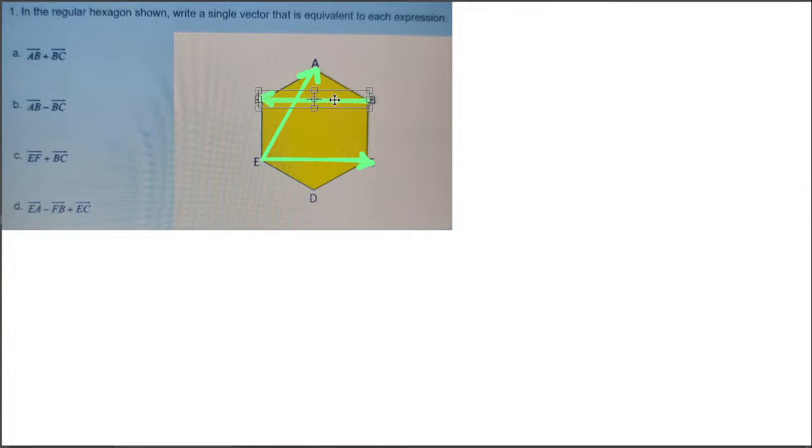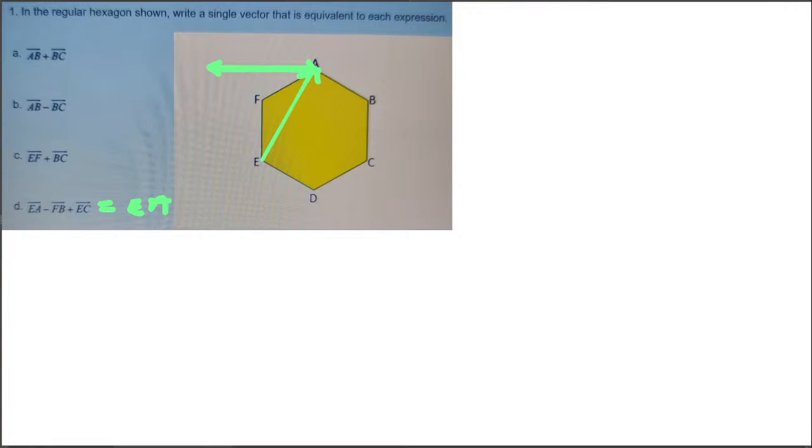We'll add this one like so. And then we'll go here and we'll move this one. Oh, that's really interesting. So these guys are like the negative of each other. So when we add them together, we just get EA. So this is actually just equal to EA, which is pretty cool, actually.